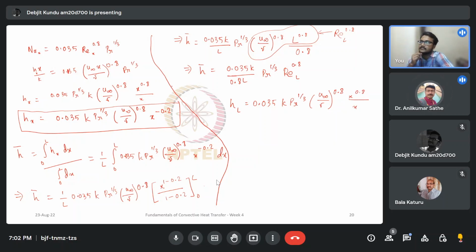This is how we wrote it here. Now this x we have to replace with L. So I'm writing L to the power 0.8 and L over here. This L can be brought forward, and hL becomes 0.035 k by L, Prandtl number to the power 1/3, and once again this part is Re_L to the power 0.8. Correct.